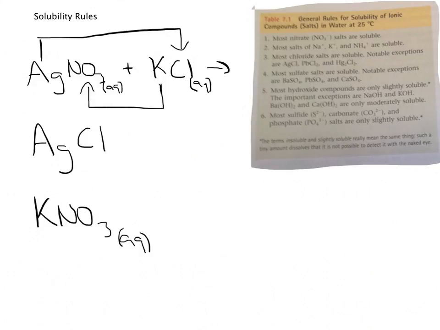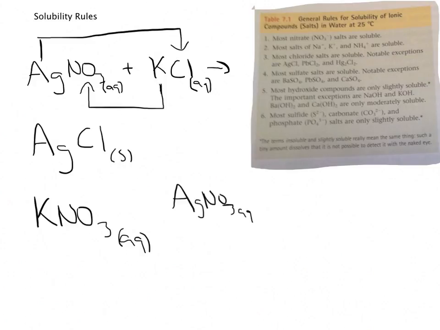But let's see if we can find a rule that shows us that it is, in fact, a solid. Most salts of Na+, K+, and NH4+ are soluble. Well, that doesn't have any of those. The third rule, most chloride salts are soluble. Notable exceptions are AgCl. Bingo, we have it. If most are soluble and this is an exception, that means it must be insoluble, and so we would give it the symbol solid.